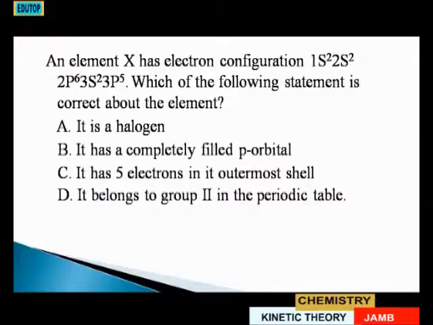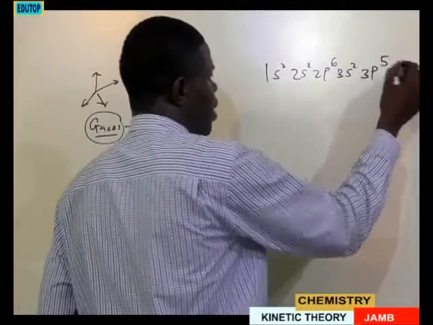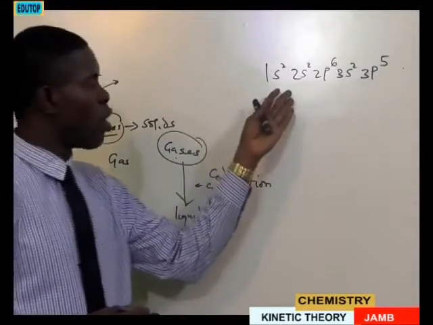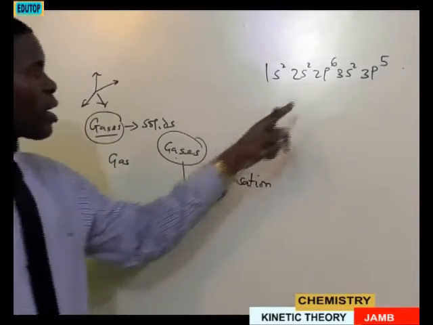Condensation. Question 3. An element X has electron configuration of 1s2, 2s2, 2p6, 3s2, and 3p5. So this is the electron configuration of an element which we have done in our previous classes.